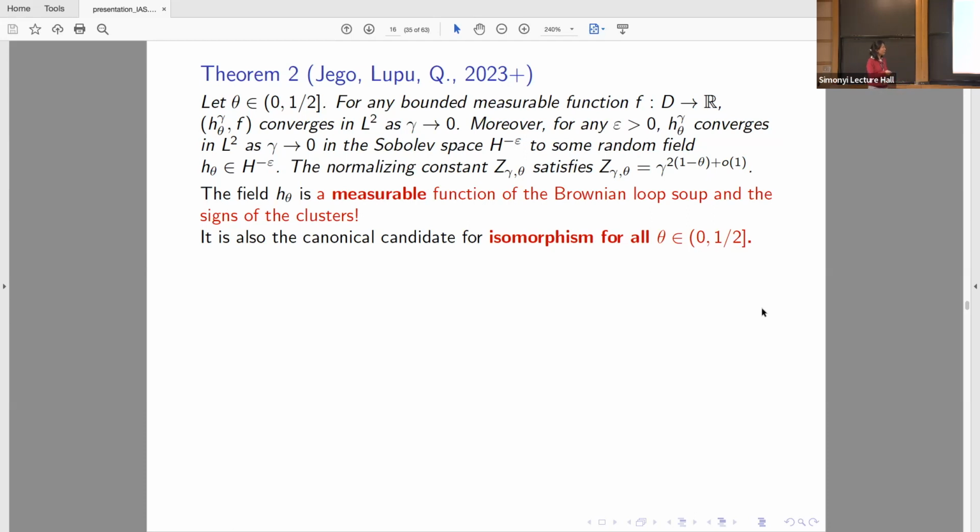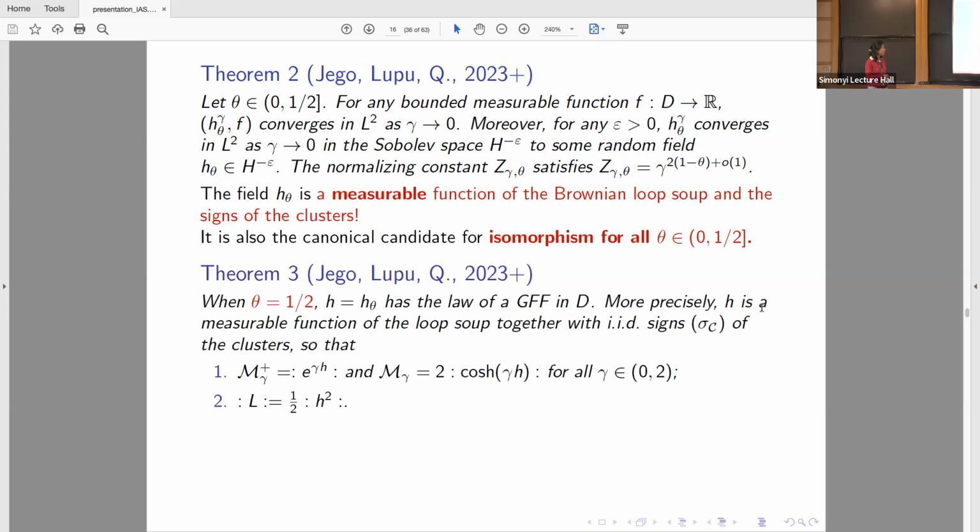I will give more justification on this isomorphism part. Let me first give you the special case of theta equal to 1/2. In that case, the field h theta will have the law of a Gaussian free field in the domain. In particular, this will be a measurable function of the loop soup together with the i.i.d. signs of the clusters.